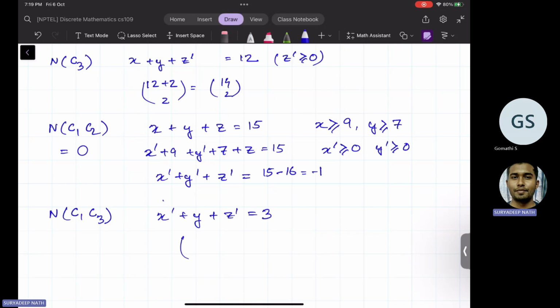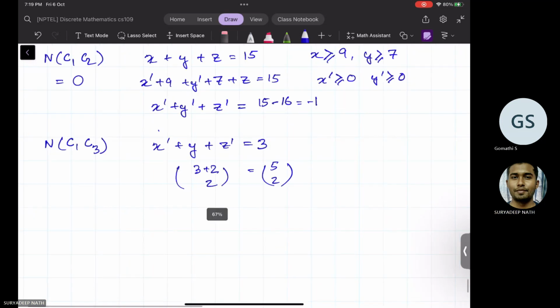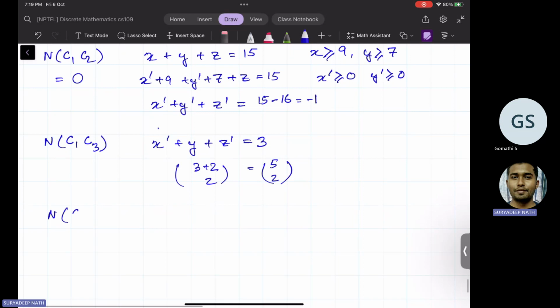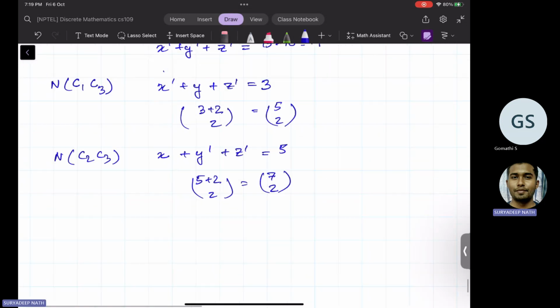So this would be 3 plus 2 choose 2, that is 5 choose 2. And N(C2, C3) would be, again, we are considering y and z, so y bar plus z bar. So it is 7 plus 3, 10, and this is 5. So this would be 5 plus 2 choose 2. It is 7 choose 2.